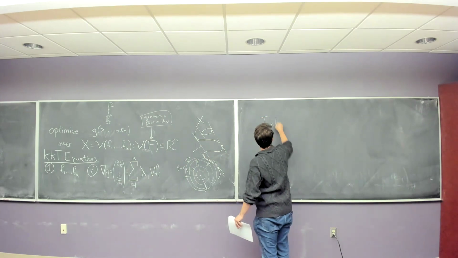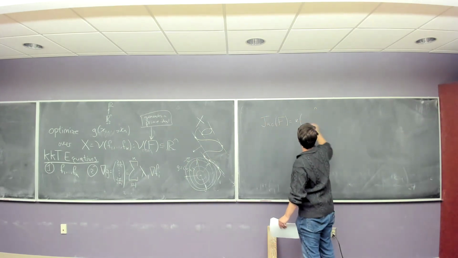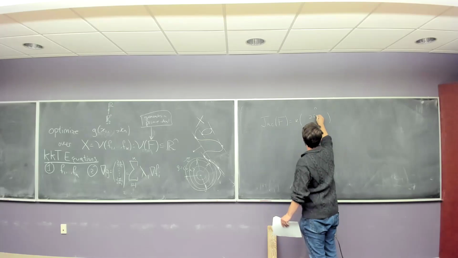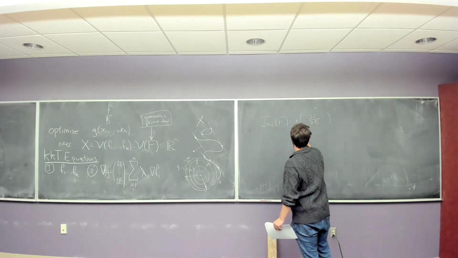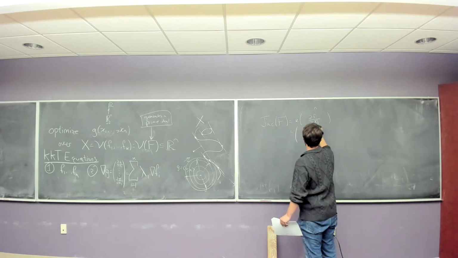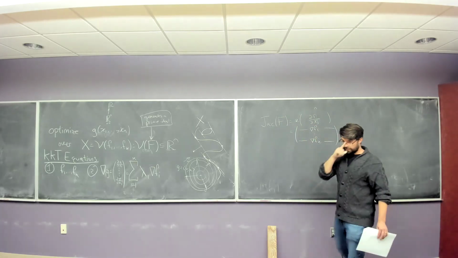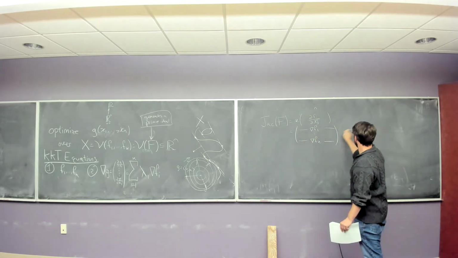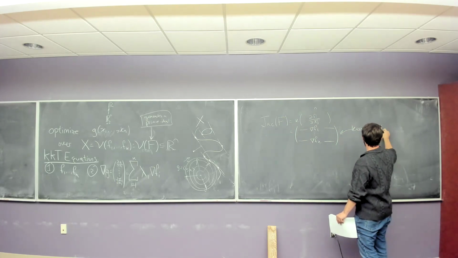So the Jacobian of F is a k by n matrix, which is also known as like this. So the kernel is the tangent space at some point.